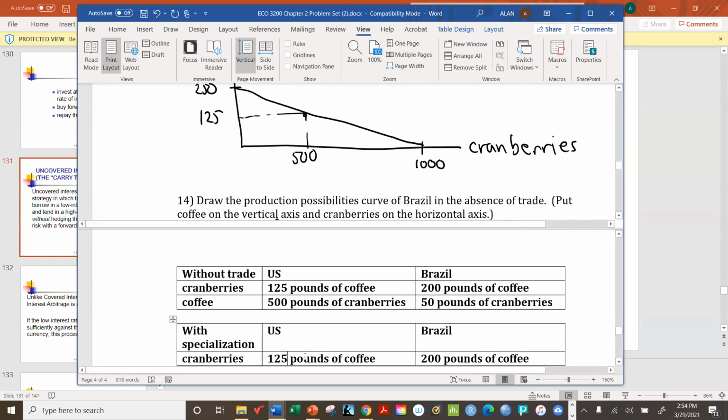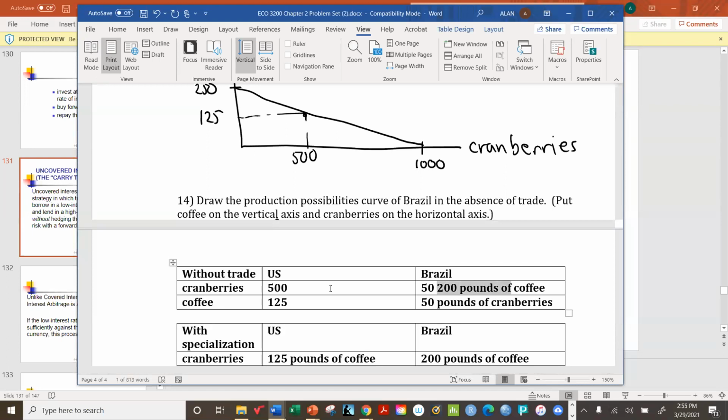Oh, wait a minute, something's not right. I labeled something wrong. Somehow I got everything backwards here. You know what it was? Because these are the opportunity costs. Okay, so no, these are reversed. It should be 500 pounds of cranberries with 125 coffees. And over here, I have it backwards too.